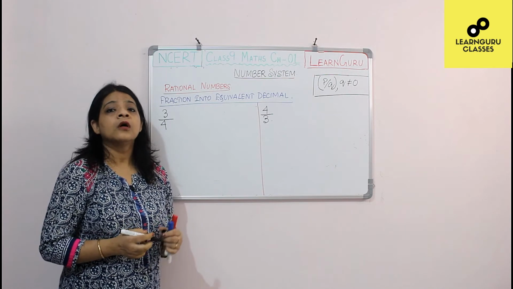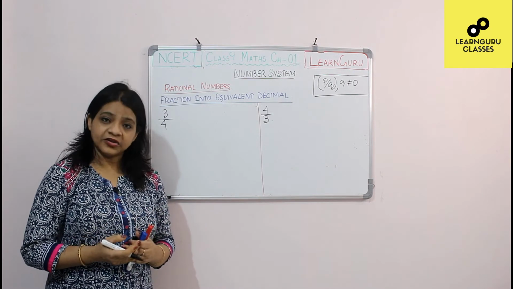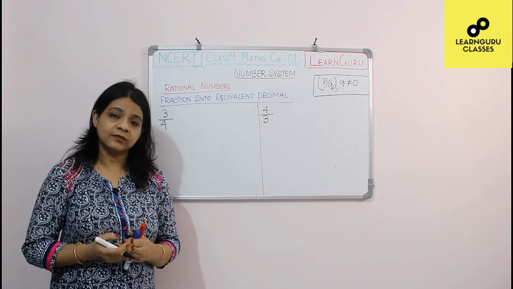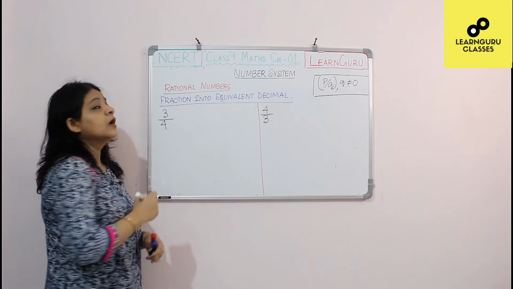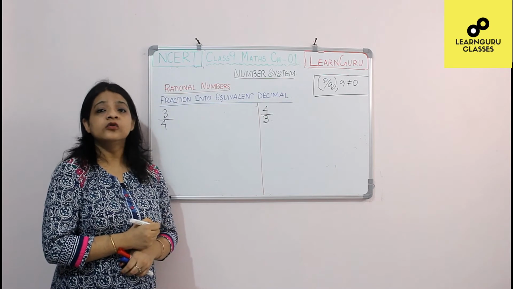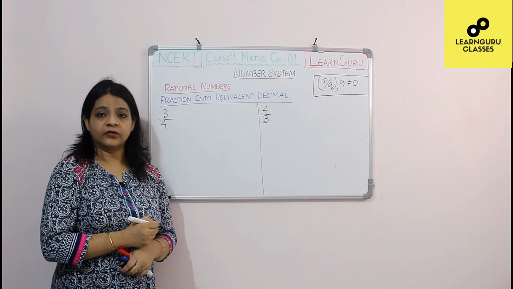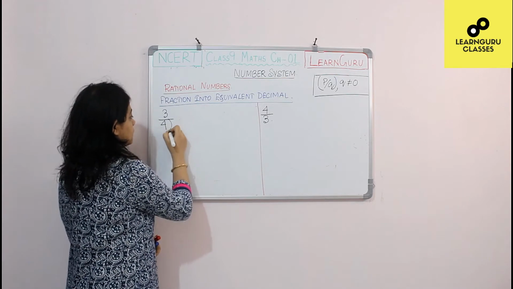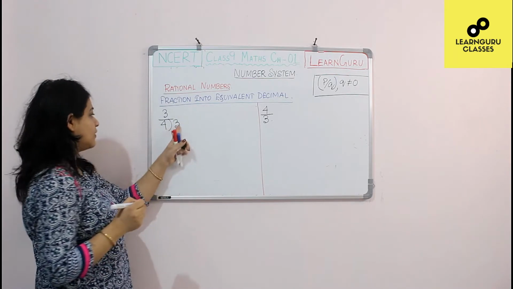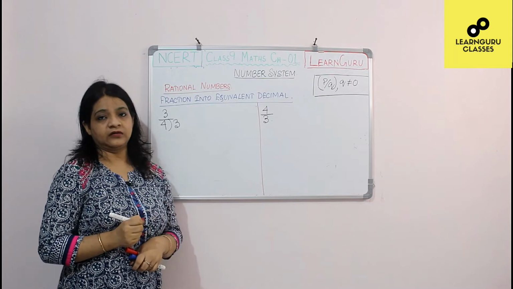To convert a fraction into equivalent decimal expansion, you need to divide the numerator by the denominator. So 3 divided by 4.